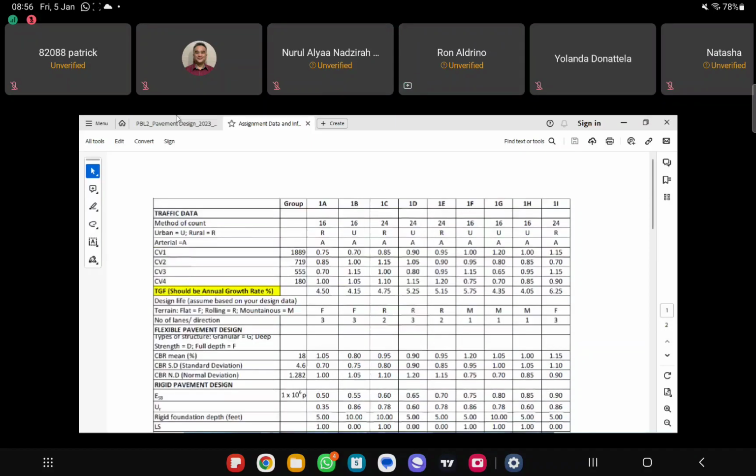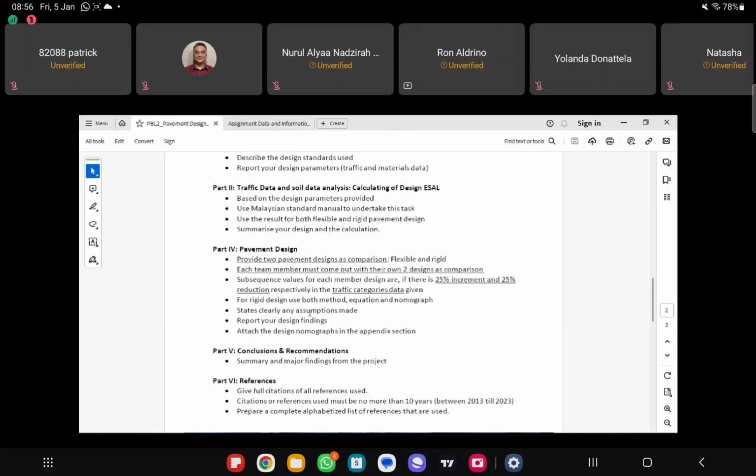Once you have done that, those of you doing rigid pavement design, you use both the equation and nomograph method. The nomograph is the one that we discussed earlier on Tuesday.